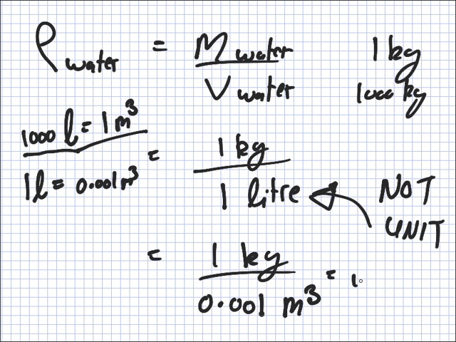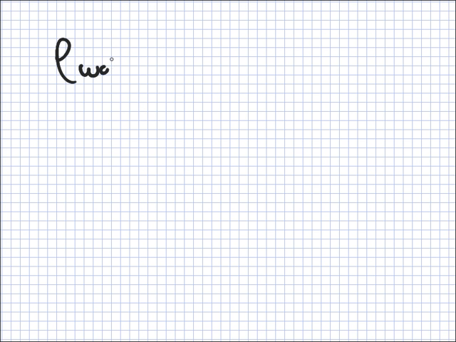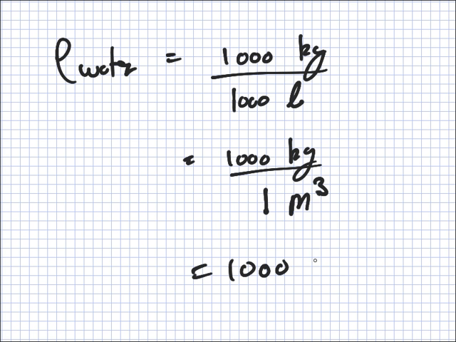So this equals 1,000 kilograms per metre cubed. Now you could do it like this, or you could do it like this. Density of water is 1,000 kilograms, and 1,000 kilograms is 1,000 litres. But we said 1,000 litres is 1 metre cubed. So you get the same answer. 1,000 kilograms per metre cubed.